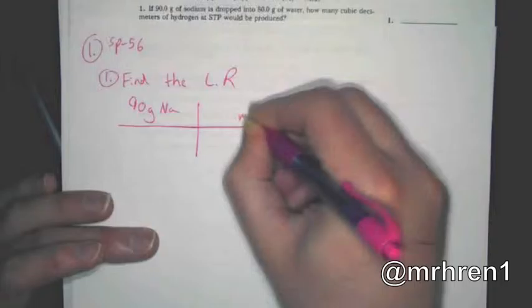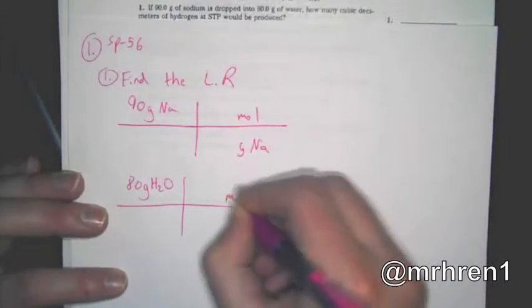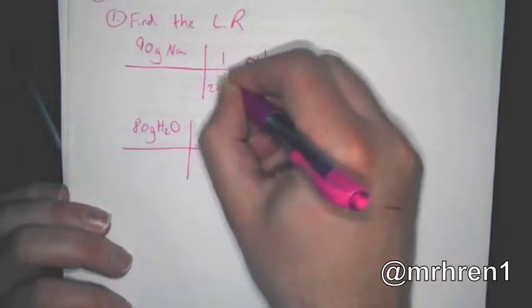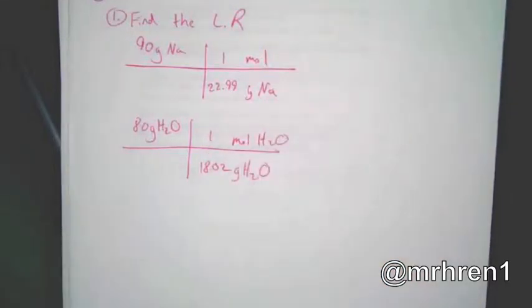So anyway, you do this for both of them. And if you haven't done this part yet, you should be writing this down, definitely. Alright, so 1 mole. Now these again are from the periodic table. Hopefully you know that now.